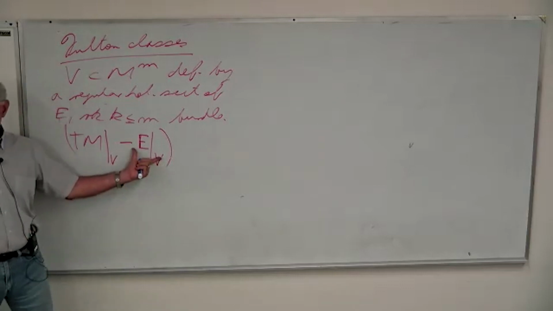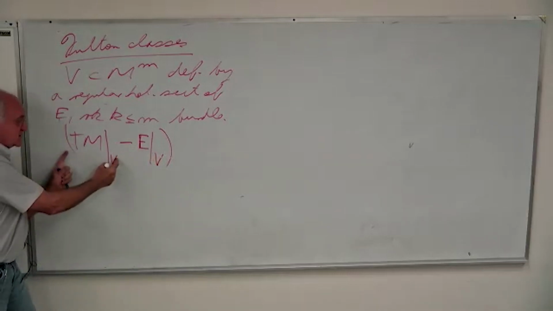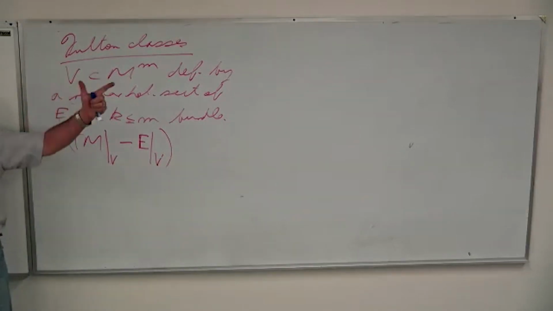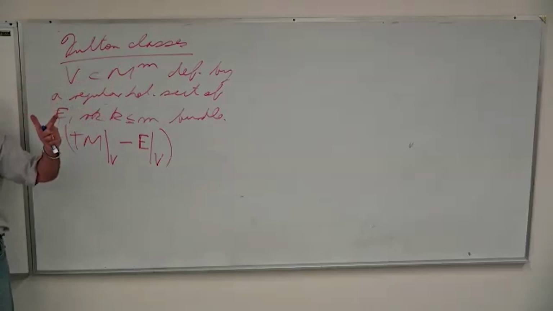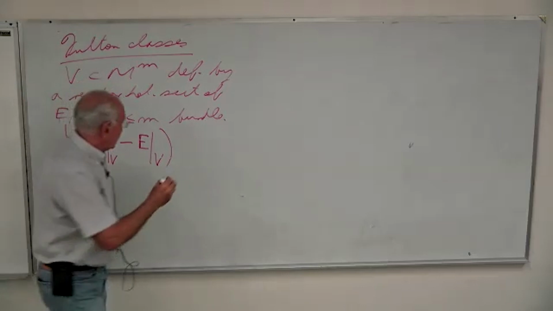You take the inverse, and you take the product of the chain class of this times the chain class of the inverse, and that gives you those, which are by definition the chain classes of the virtual bundle. Okay?